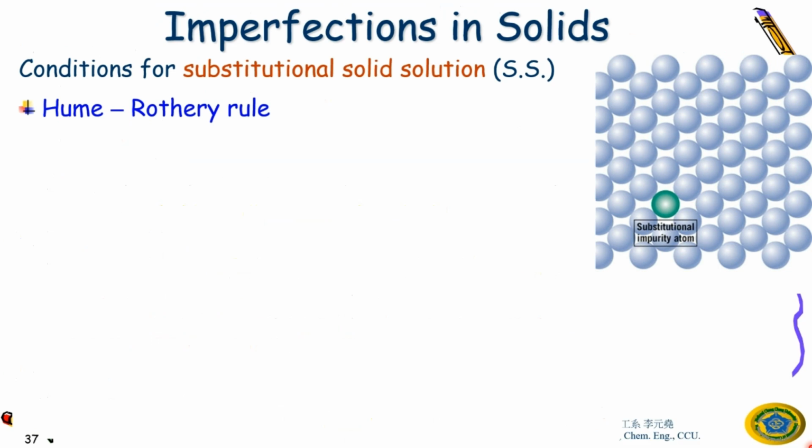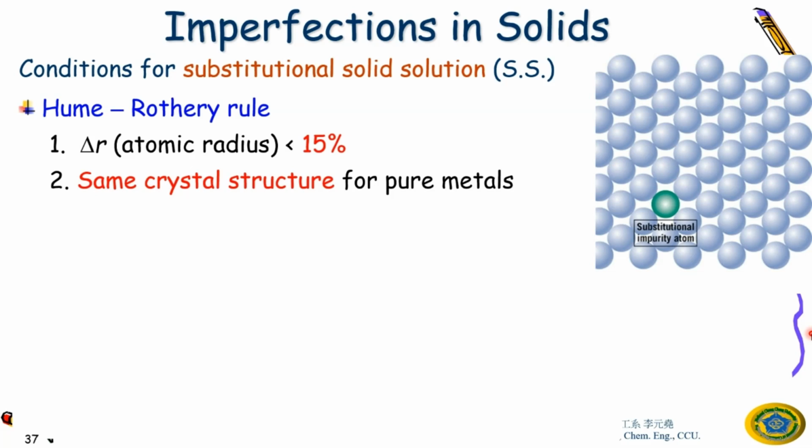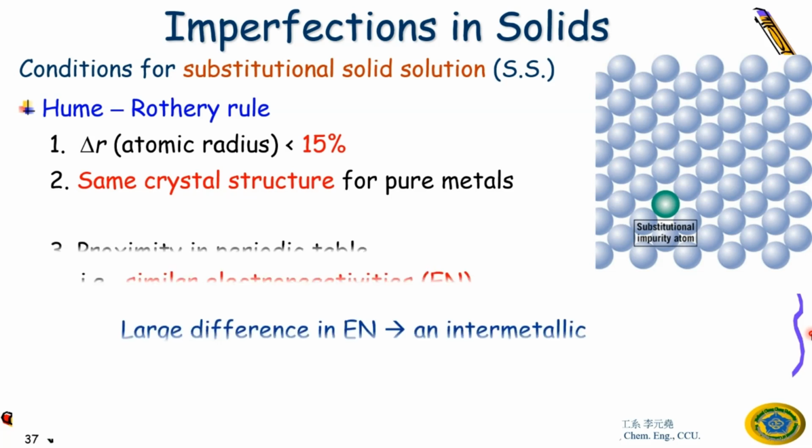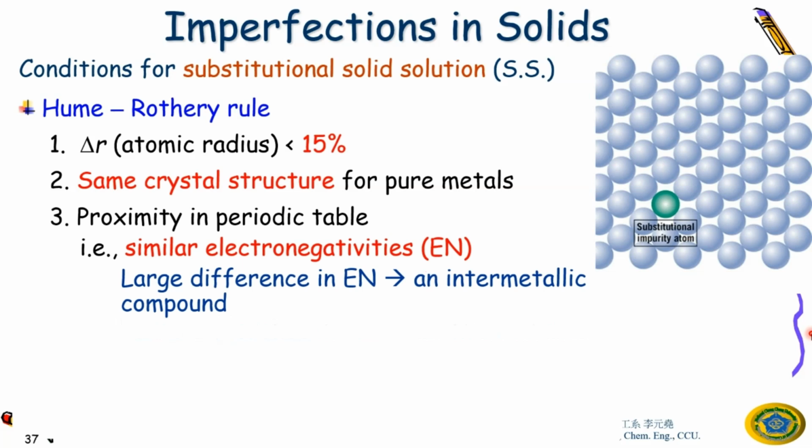So let me summarize the key points for you here. The conditions for a substitutional solid solution are called the Hume-Rothery rules. The first one: the difference of the atomic radius should be less than 15%, that's 0.1. The second thing you need to consider is the same crystal structure for the pure metals: FCC with FCC, BCC with BCC. Third point, approximately close in the periodic table.